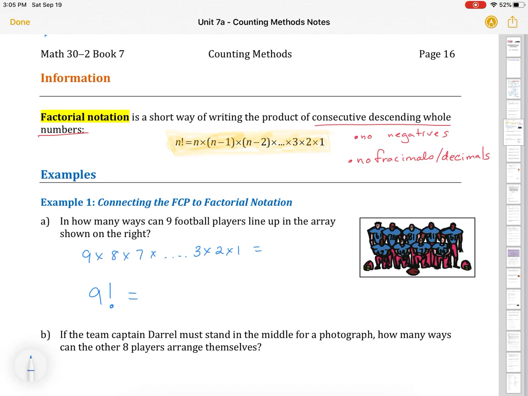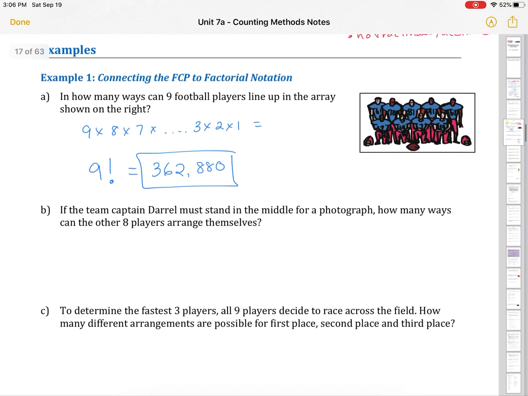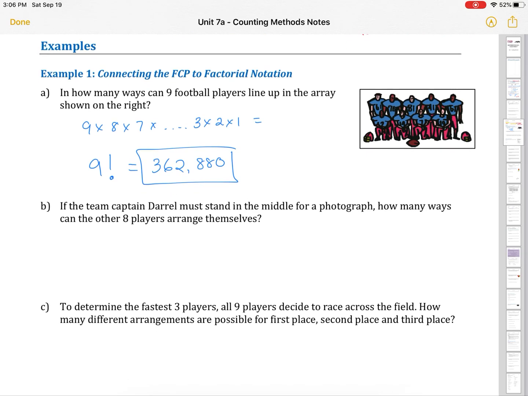Or we can use 9 factorial. So we're going to put in our 9. We're going to hit the math button. We're going to arrow over to PRB, and then we're going to select 4, which is the factorial. Then we should see on our screen 9 factorial. Hit enter, and you should get 362,880. That's a lot of different ways that you would position them.